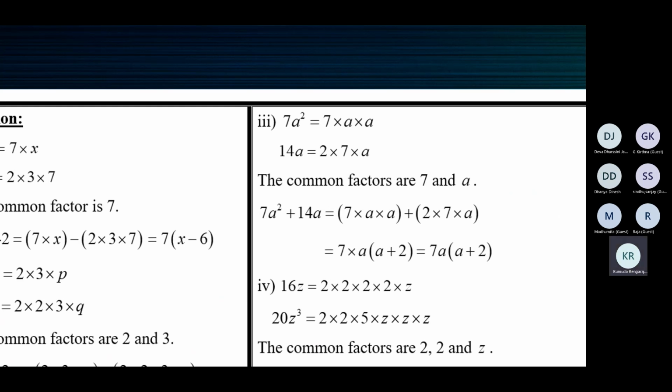You can see the steps there. 7a into a plus 2.